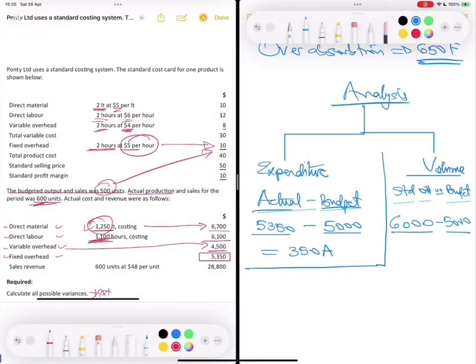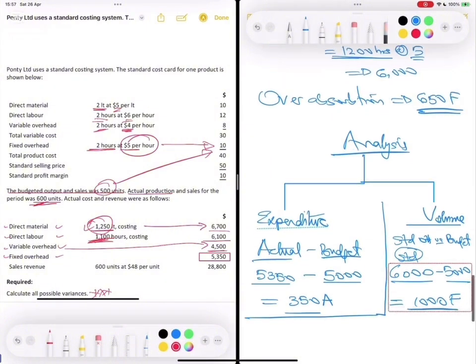So we have a total of 1,000. Is this favorable or adverse? If the standard is 6,000, what we absorbed is 6,000, but what we should have absorbed is 5,000. So we have over absorbed, and when we over absorb, we correct by putting a credit in P&L. So that also makes it over absorption, and that is favorable. Fantastic. And look at it: 350 adverse, 1,000 favorable. It reconciles perfectly to 650 favorable.